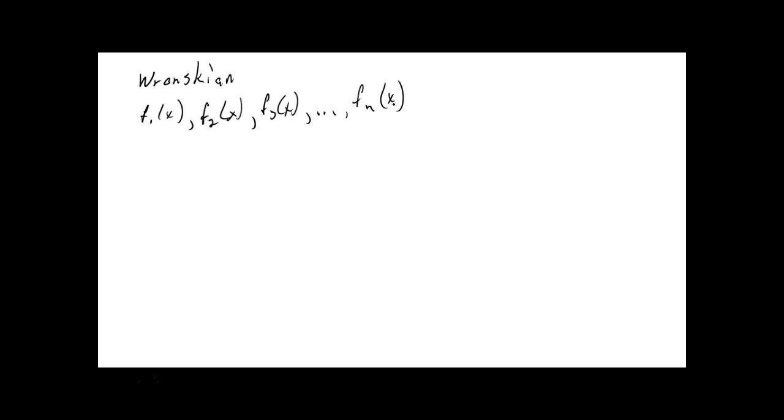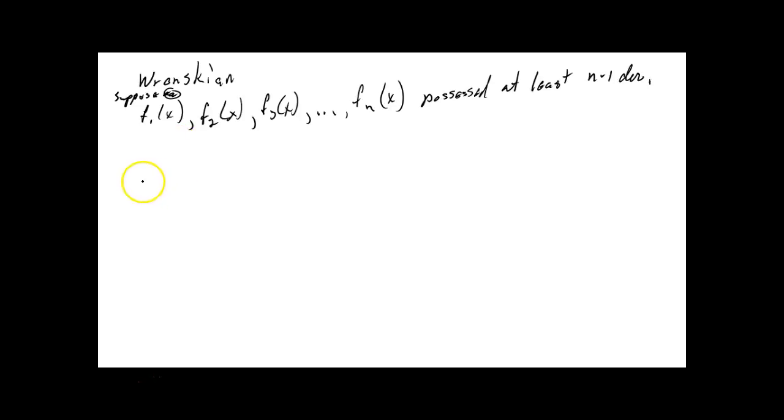Suppose that each of these possesses at least n minus 1 derivatives. So each of these functions has to have at least n minus 1 derivatives.